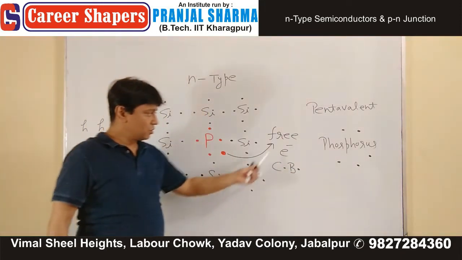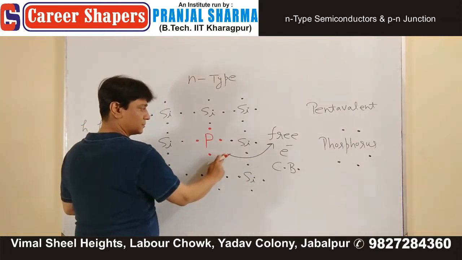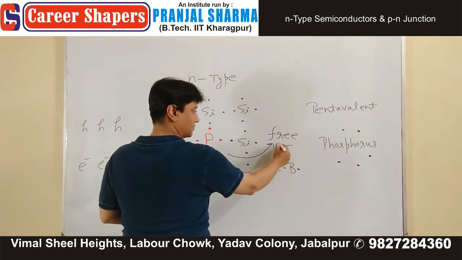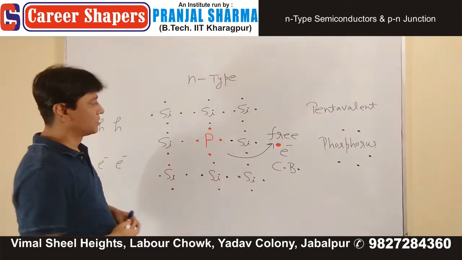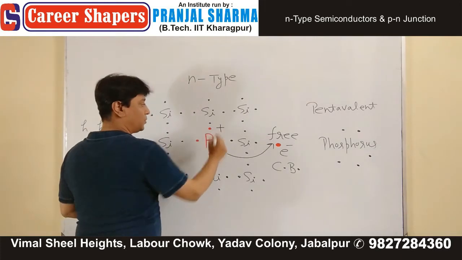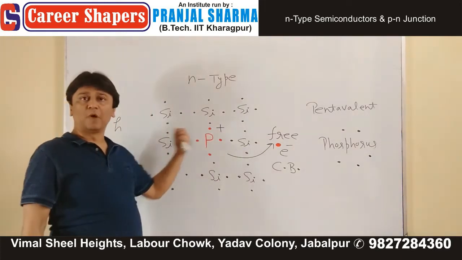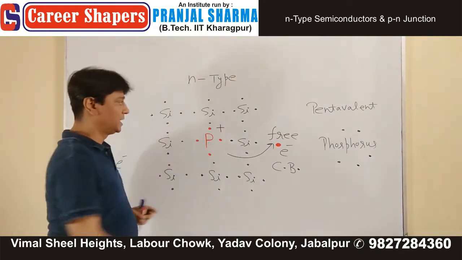Once this electron moves out, the remaining phosphorus now becomes a positive immovable ion. It's a fixed ion now, it cannot move.